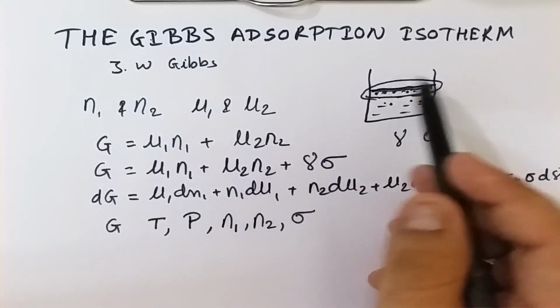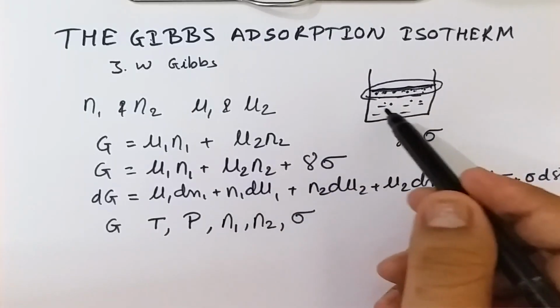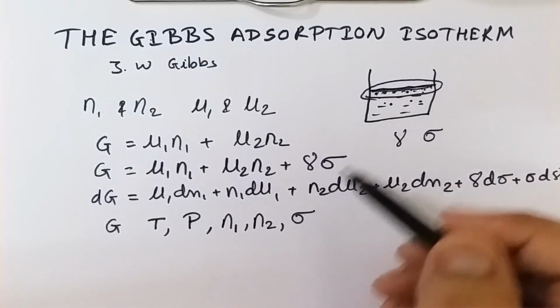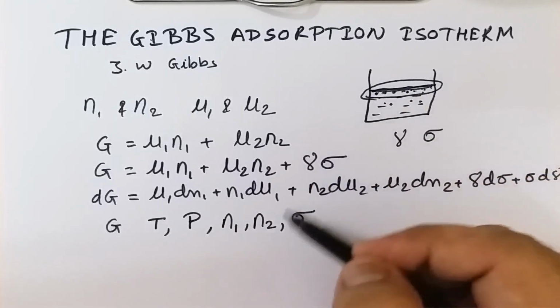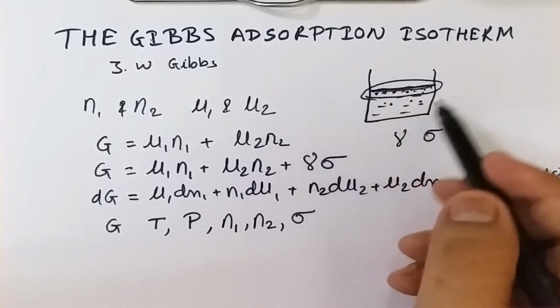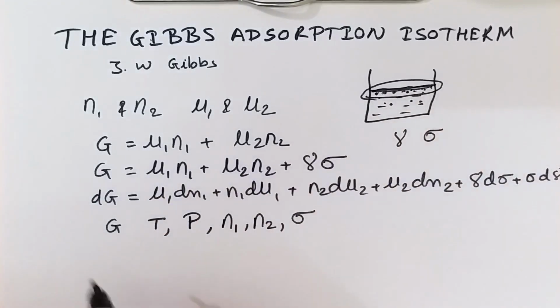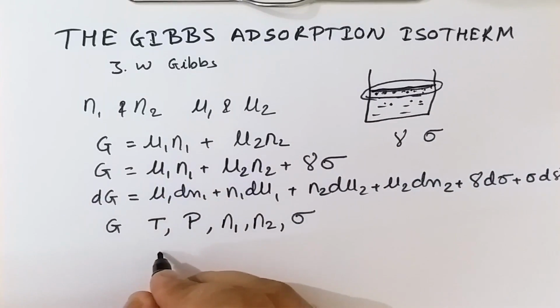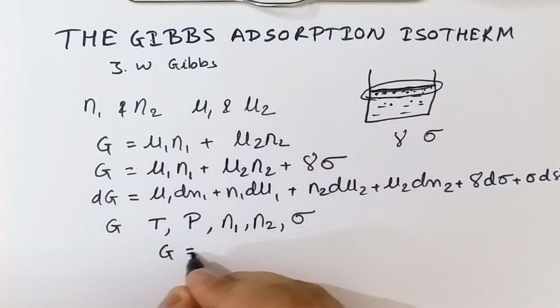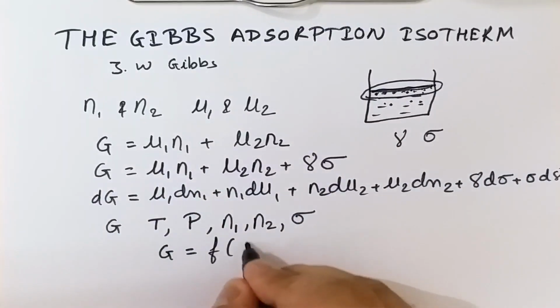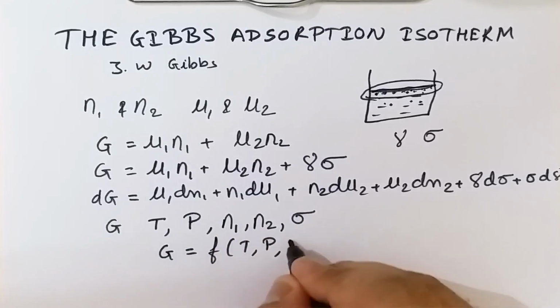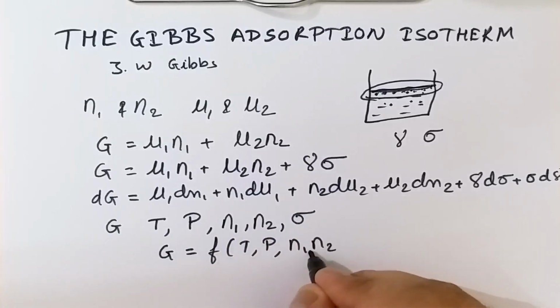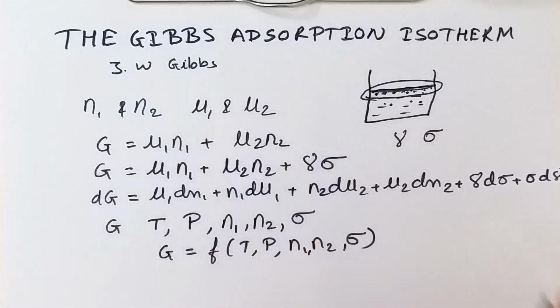If we change the pressure, or the number of moles, it will also change. If we change the container, obviously the surface area will change, and hence the free energy will also change. So free energy G is a function of temperature, pressure, n1, n2 and the surface area.